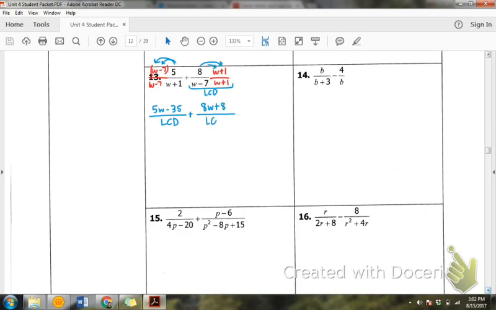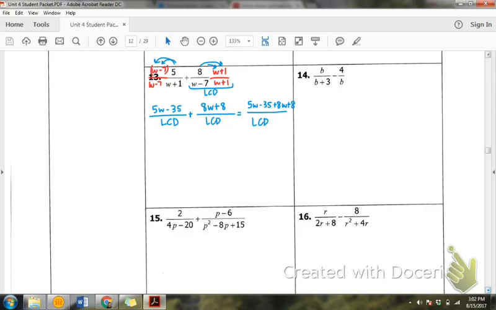Okay? So then I write one big LCD. Put them all on the same line together. Why don't you see what you can do to finish this problem?